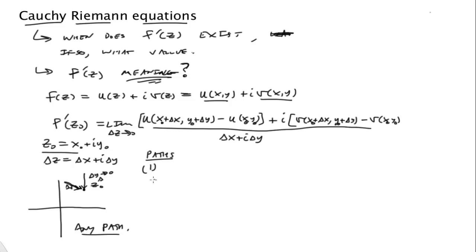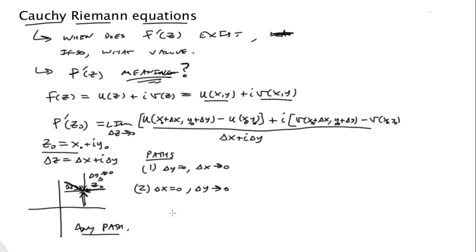The first path is going in this way: making delta y equal to 0, and then taking delta x going towards 0. So that's the path coming this way. And then there's the vertical path coming up this way, which is the second path: making delta x equal to 0, and then taking delta y to 0.